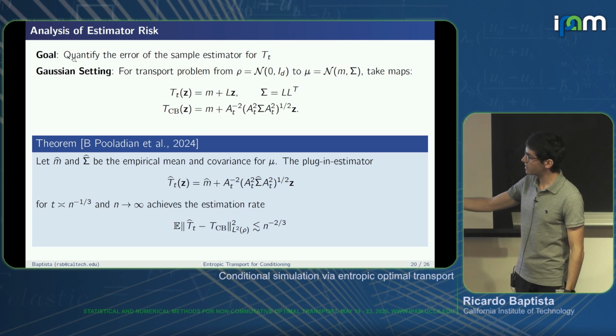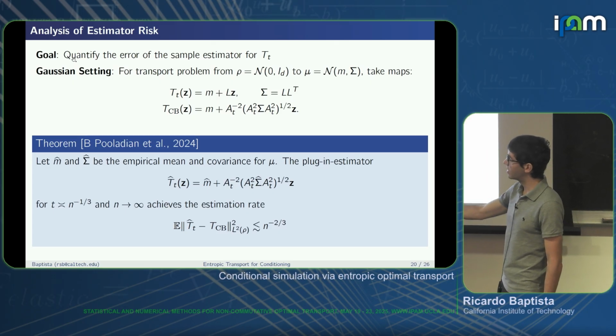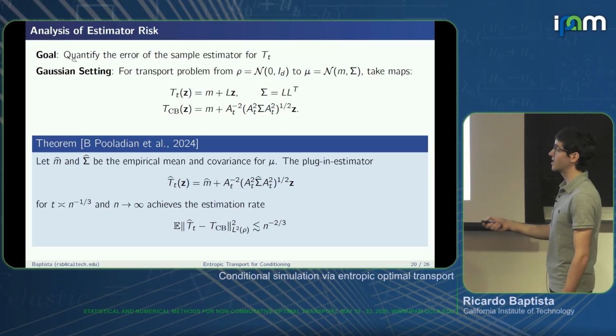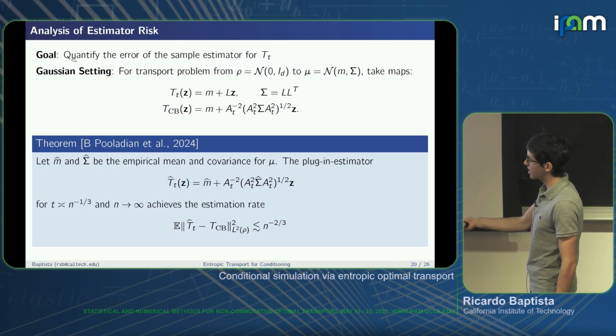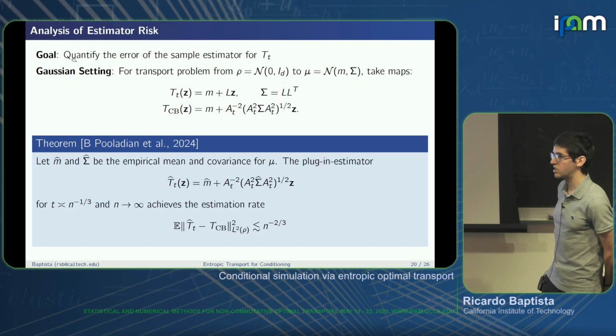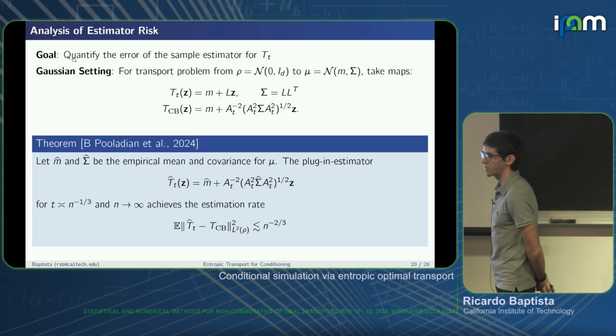We can show that if you choose this parameter t that defines the rescaled cost in a particular way with respect to the number of samples, then you get an estimation error which decays not quite as the mean squared error going down as 1 over n, but just slightly slower than that. And we think that this probably can be improved. It's really just a function of our analysis.